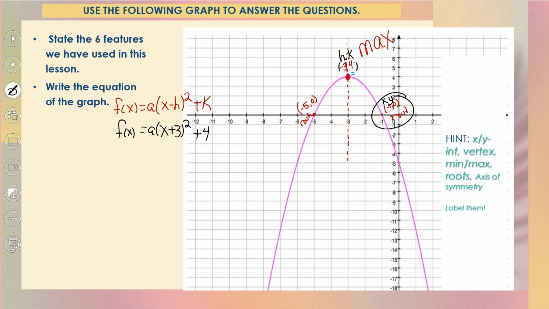So I have my y value of 0 = a(-1 + 3)^2 + 4. So let's get rid of that parentheses. -1 plus 3 we know as 2. All right, 2 squared is 4.